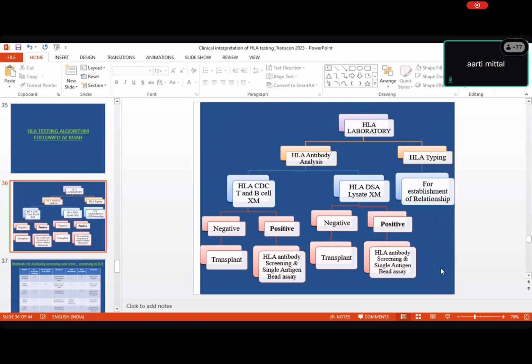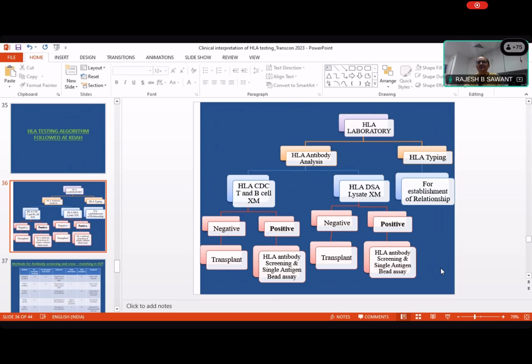So the other question, how will you suggest to follow up the HLA antibody titer post BMT after desensitization? So after desensitization, what generally is recommended is that within the first month of the infusion, post engraftment, in the second or the third week, you should do one antibody screening assay and then do it at the end of the third month and at the end of the sixth month and then at the end of 1 year.